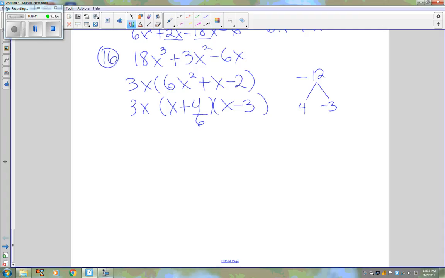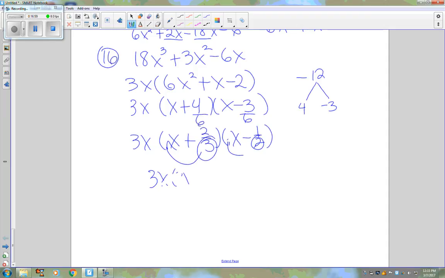Now divide each of these by your leading coefficient of 6. Reduce before you slide. This reduces to 2/3. 2 goes into 4 2 times. 2 goes into 6 3 times. This reduces to 1/2. Now you slide. So I have 3x times 3x plus 2 times 2x minus 1, which is B.